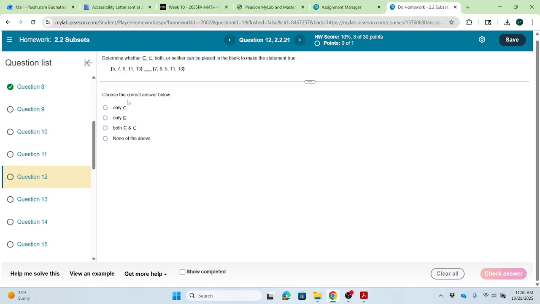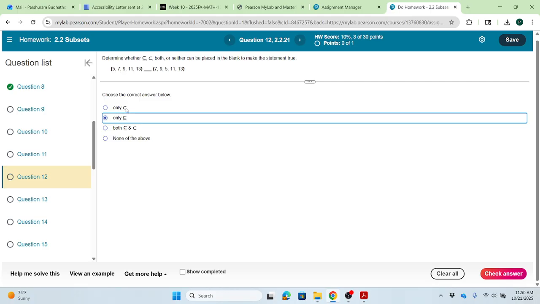So it's supposed to be subset, only subset. It's not a proper subset because they're equal.